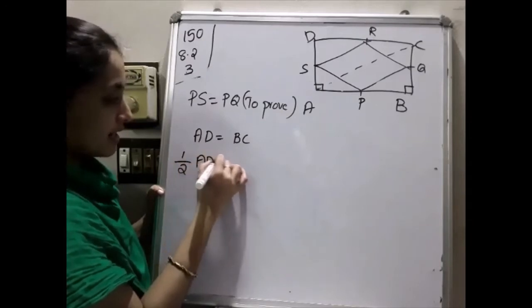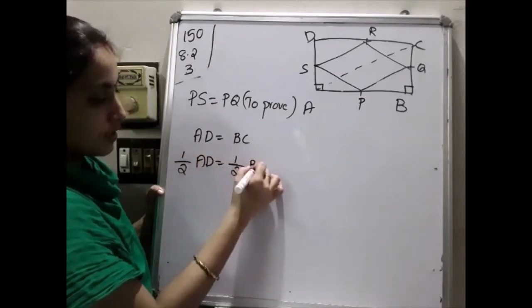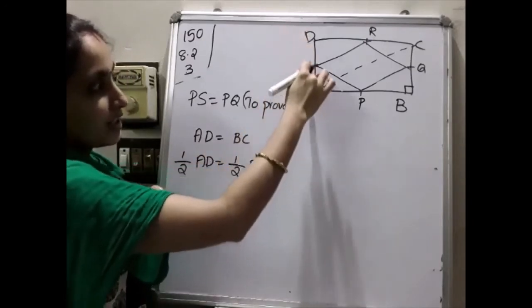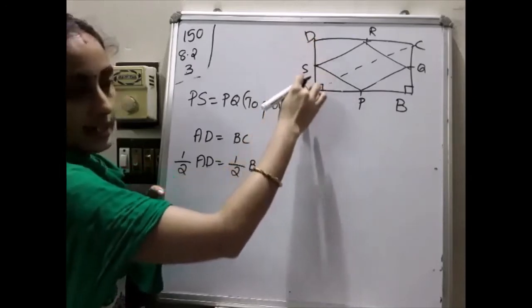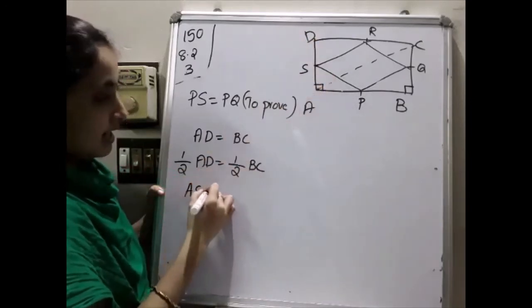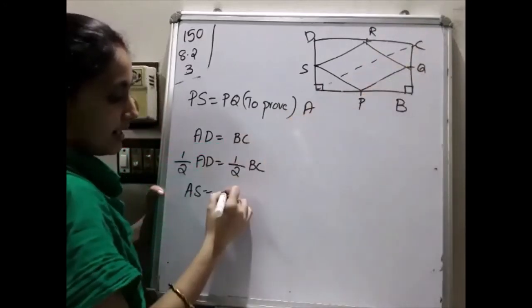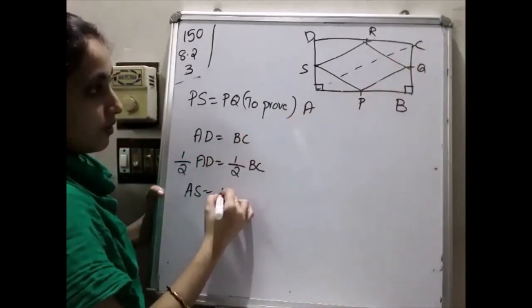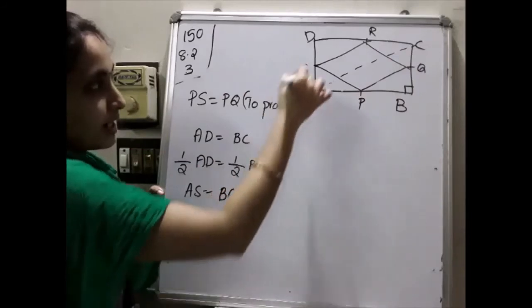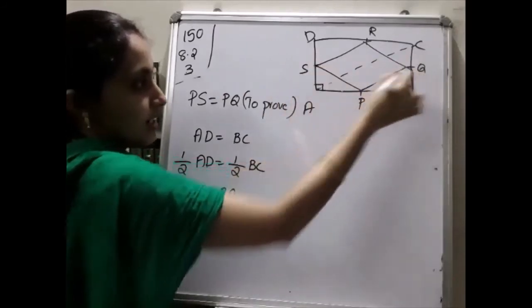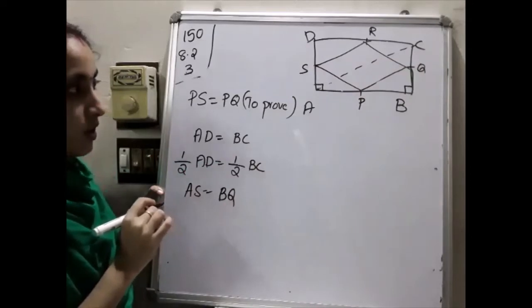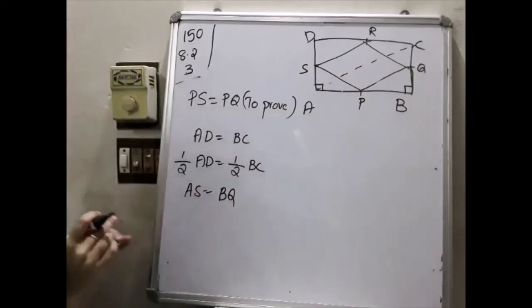Half AD is equal to half BC. So what is half AD? Either you can take SD or AS. So here I am taking AS. And half BC means either you can take this or this. So I am taking the second part, that is BQ. So this side and this side are equal. Hope you clear up to this. So please write down this much.